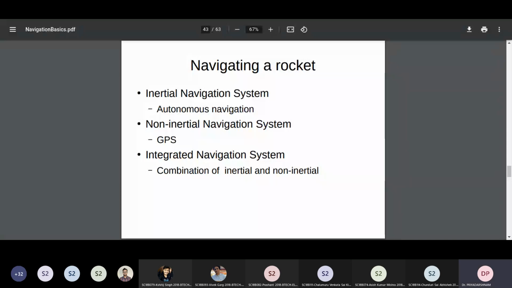Then you have non-inertial navigation, which is also called GNSS, Global Navigation Satellite Systems. This is usually used in modern spacecraft now, because these GPS systems are available. One important difference to notice is that launch vehicles, rockets and spacecraft are moving at very high velocity, so the GPS in your mobile phone will not be able to sustain this.